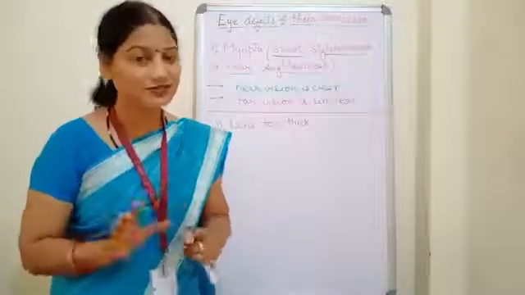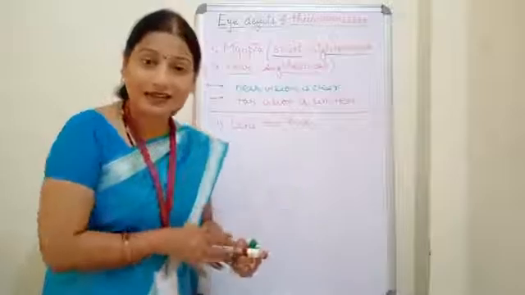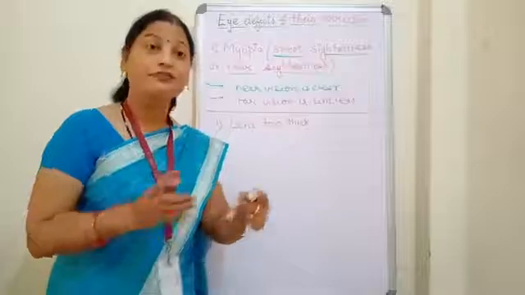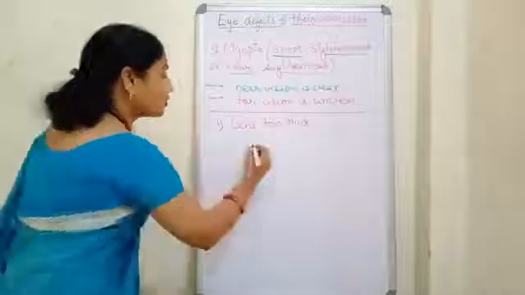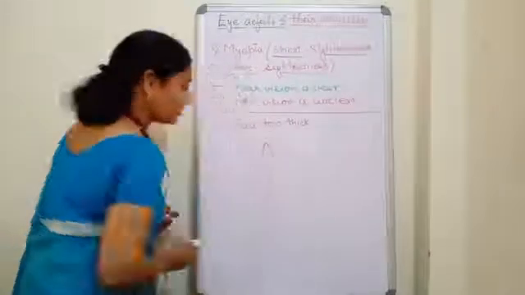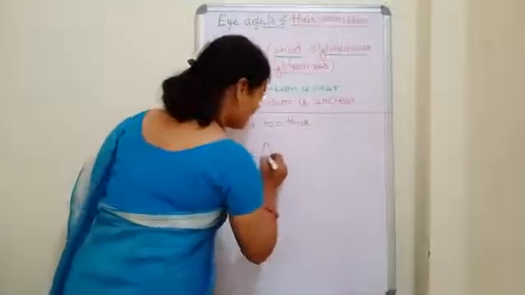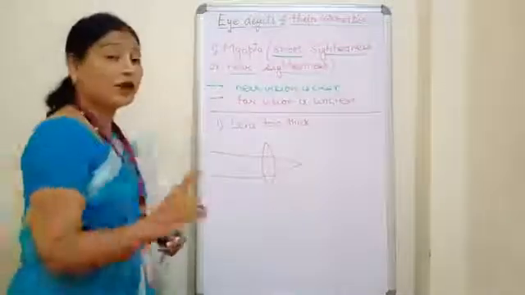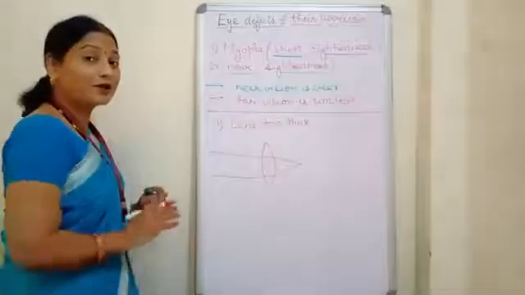According to physics, I have already taught you this in our live classes: if your convex lens is thick, then the power of convergence will be very high. So this is one of the important causes of myopia, that the lens becomes too thick.